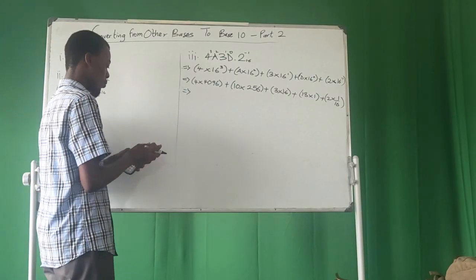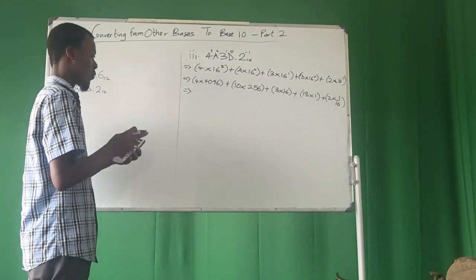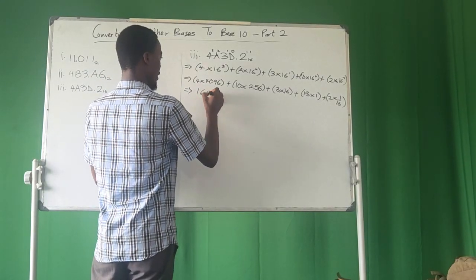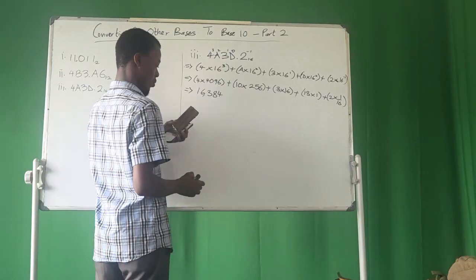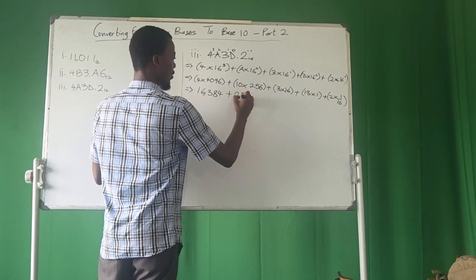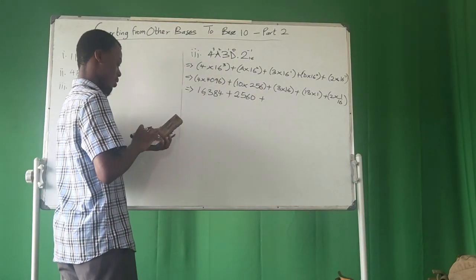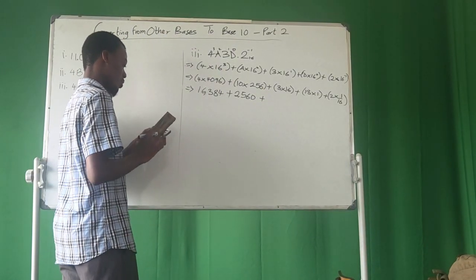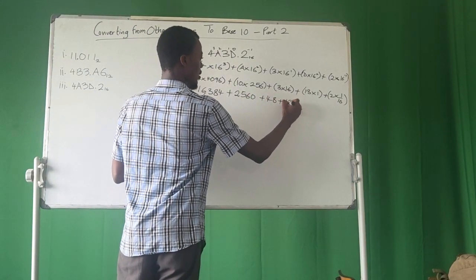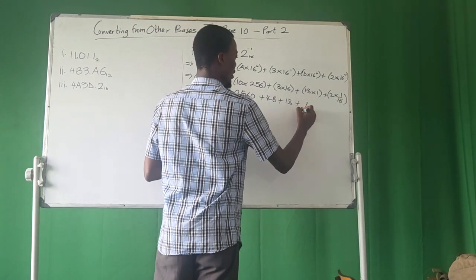So let's continue. 4 times 4096 is 16,384, plus 2,560, plus 3 times 16, which is the same as 48, plus 13 times 1, which is 13, plus 2 times 1 over 16, which is the same as 1 over 8.